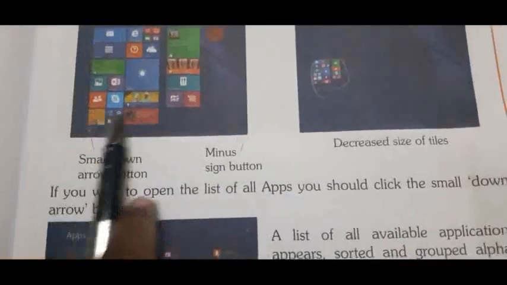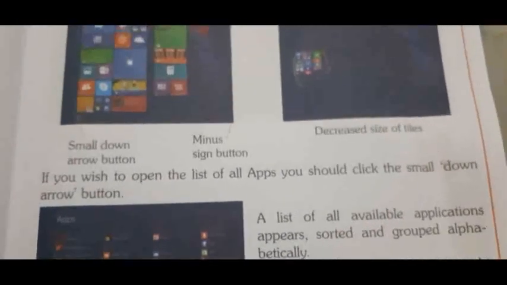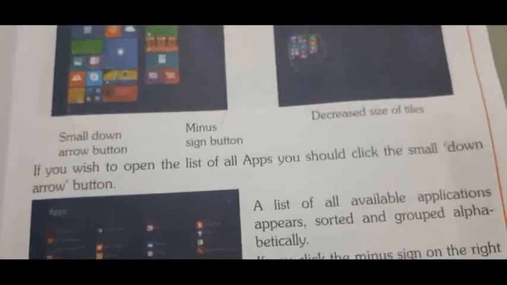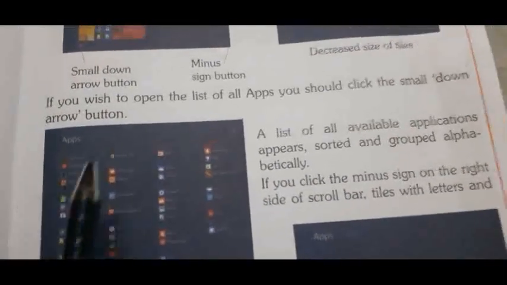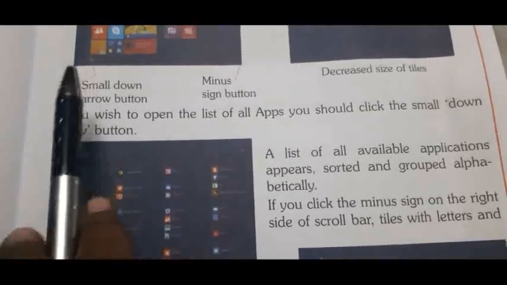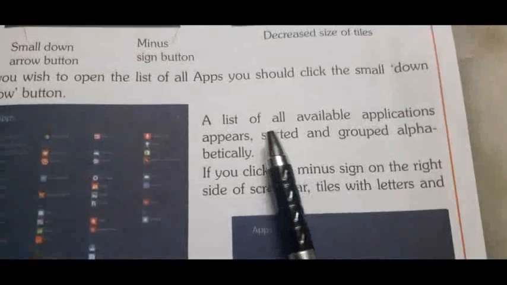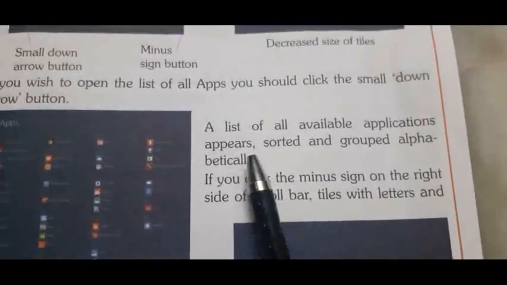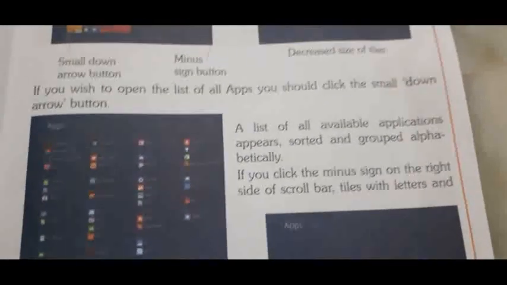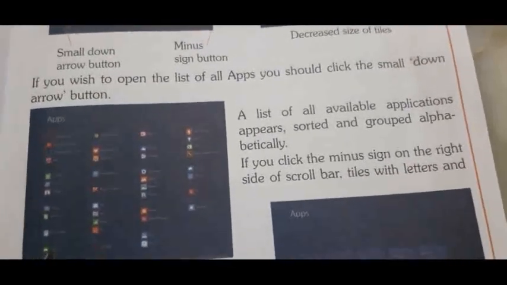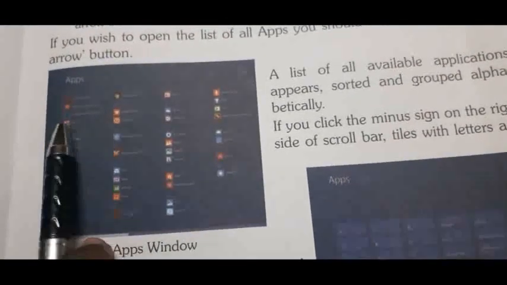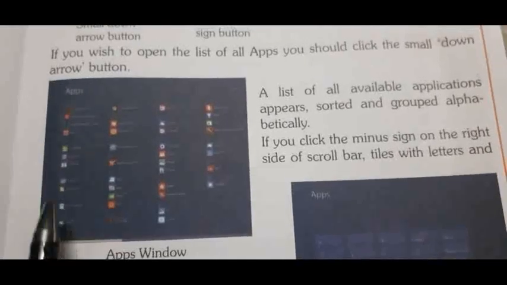Here we are seeing all tiles, and if you want to see in each tile or in each app what information is there, what programs are there, you click on this down arrow button. If you click on this down arrow button, a list of all available applications appears, stored and grouped alphabetically. So what applications are there, all will display like this in alphabetical order.